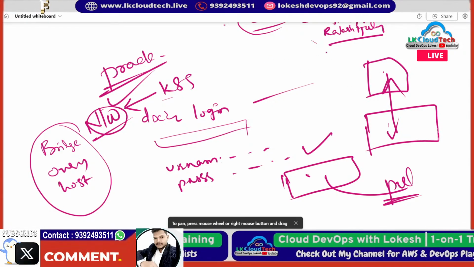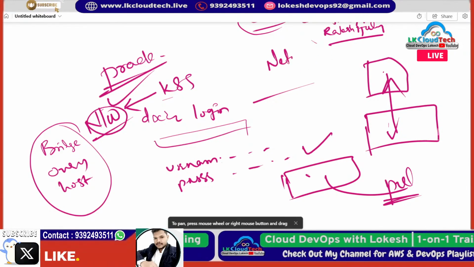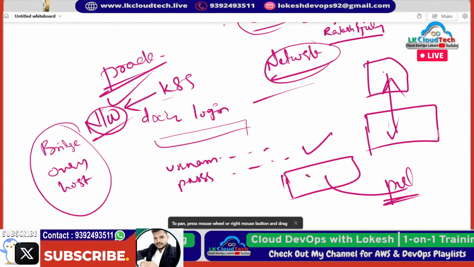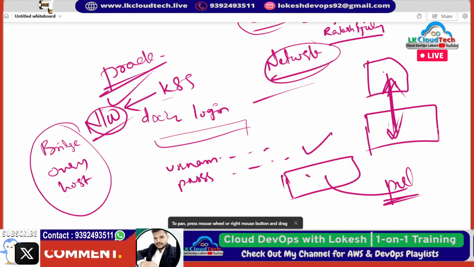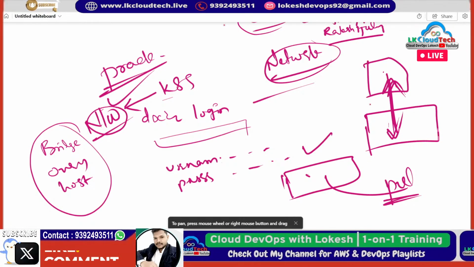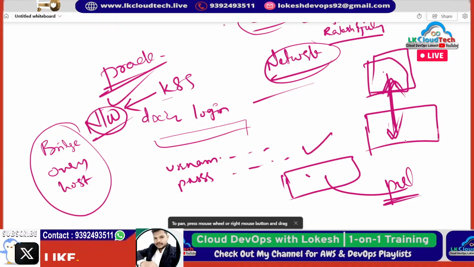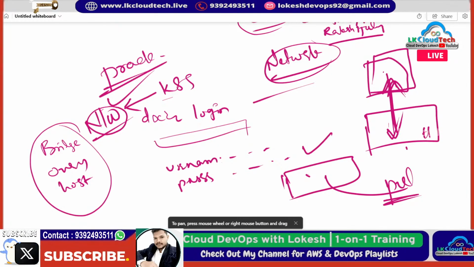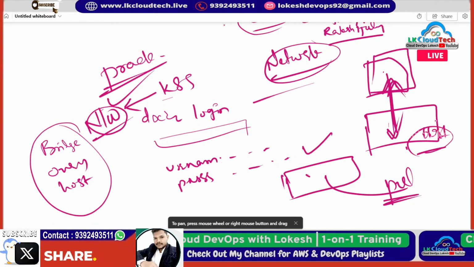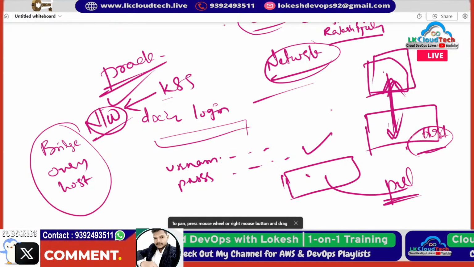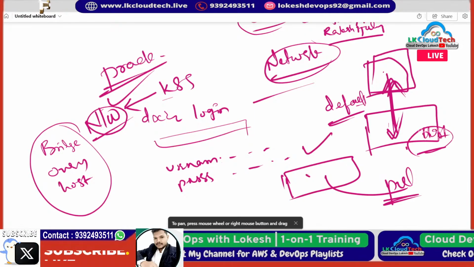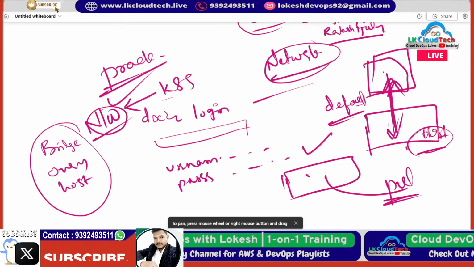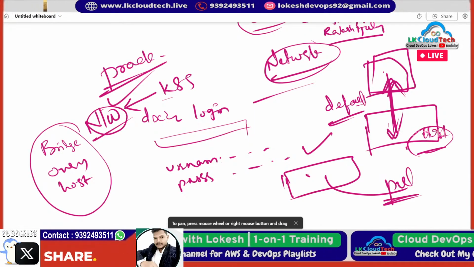Basically we did not discuss networking. In the background, these both are communicating, which means there is a network. This is a container, this is a host machine, but how are they connected? There is a network called the default network. Already the default network is there, that is the reason we are not getting any problem.